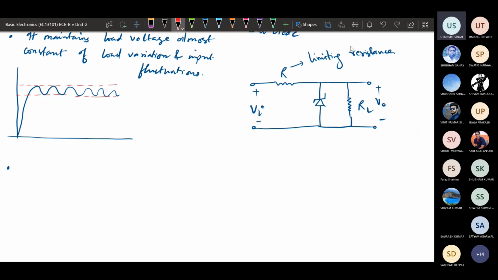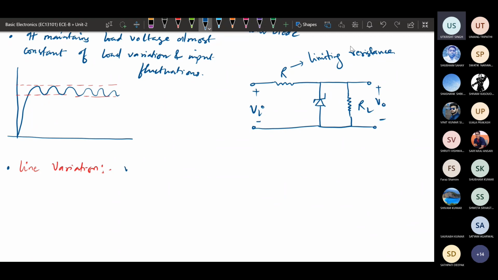One term is called line variation. Line variation means if the input voltage is varying, what will be the variation in the output with respect to that? That analysis is called line variation analysis basically.